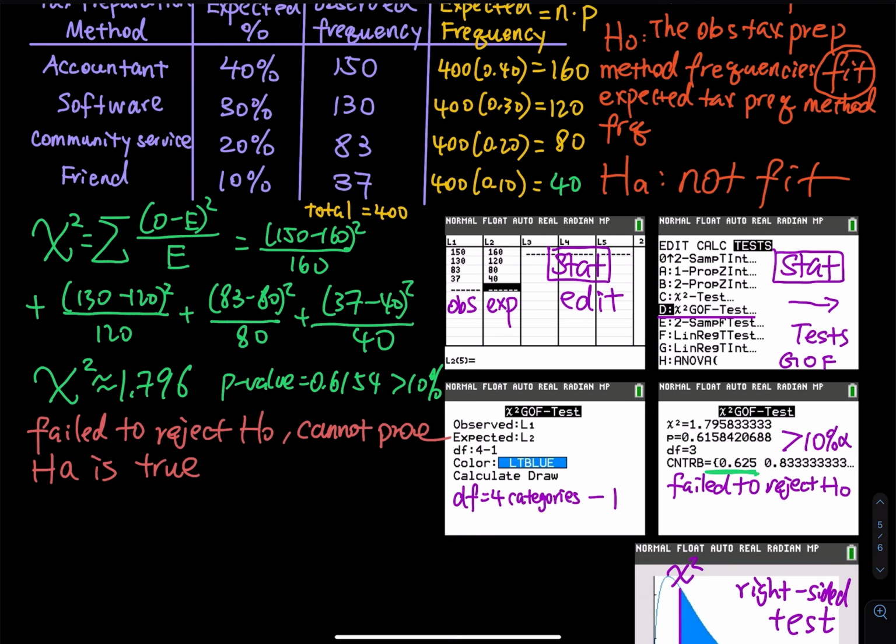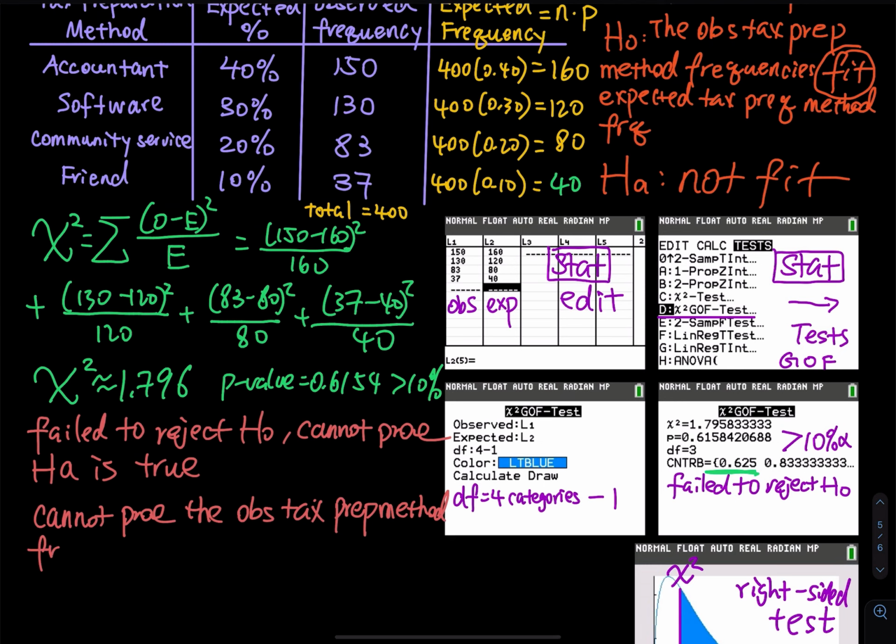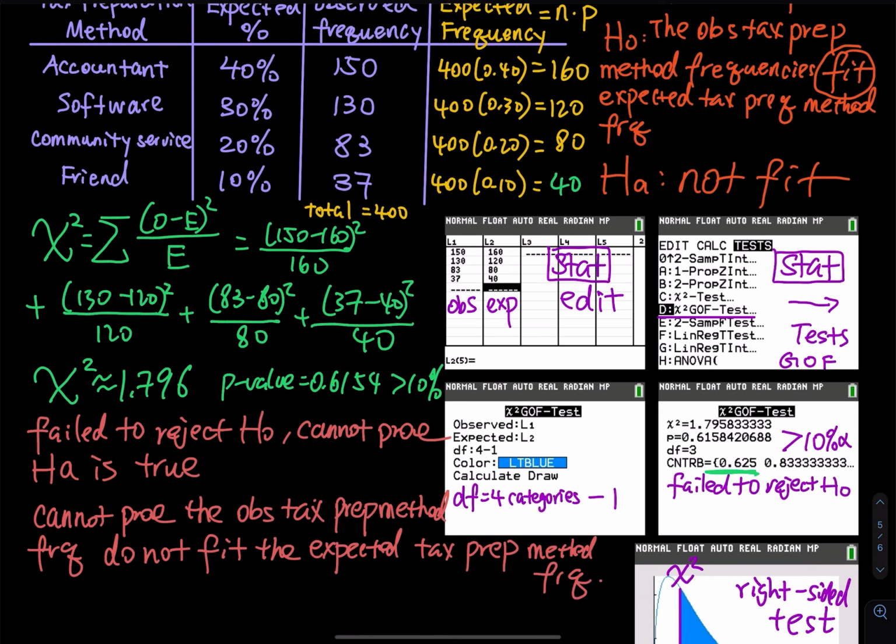That means we cannot prove the observed text preparation method frequency do not fit the expected text preparation method frequency. All right, so that is the end of the test.